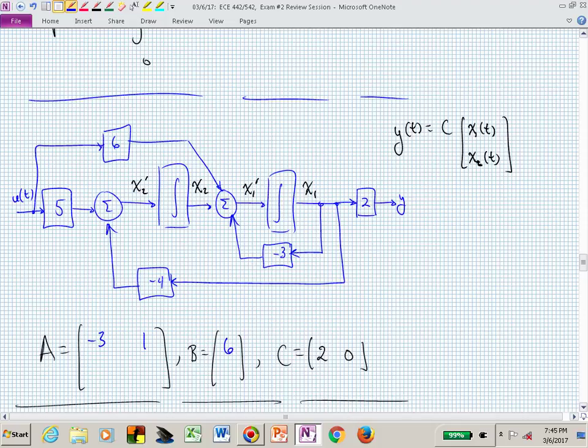What about the second row of A and B? x2 prime is the arrow coming out, and it's built up from all the arrows coming in to that summing junction. There's only 2 arrows. We look for x1. Does that feed into x2 prime?